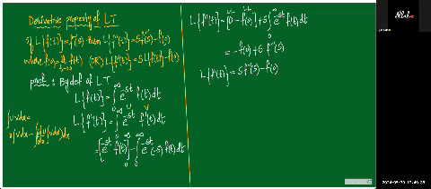Sometimes double dash value also given like that, L of f double dash of t, this is equals to s square f bar of s minus s into f of 0 minus f dash of 0. कभी कभी आपको इसके साथ साथ ये भी प्रूफ करो बोलते हैं डबल डैश के वैल्यू.